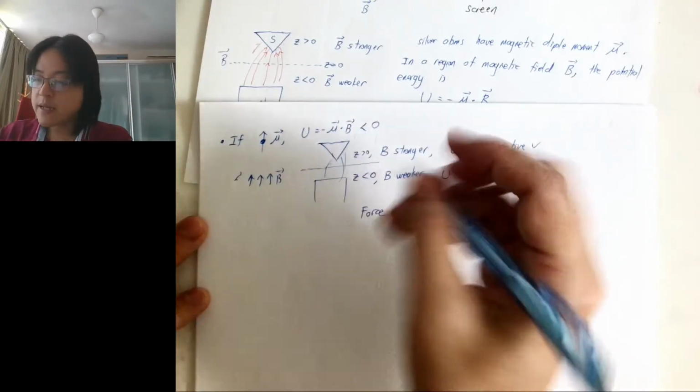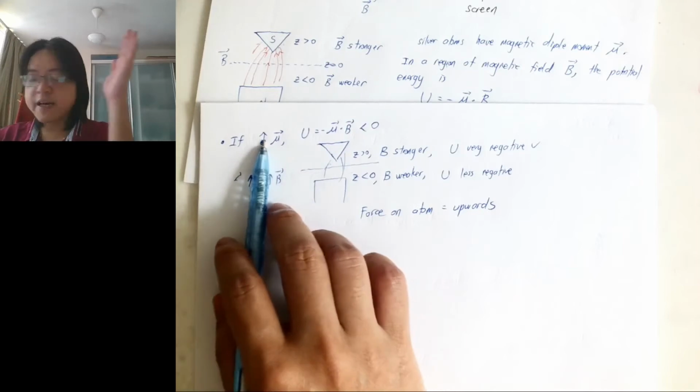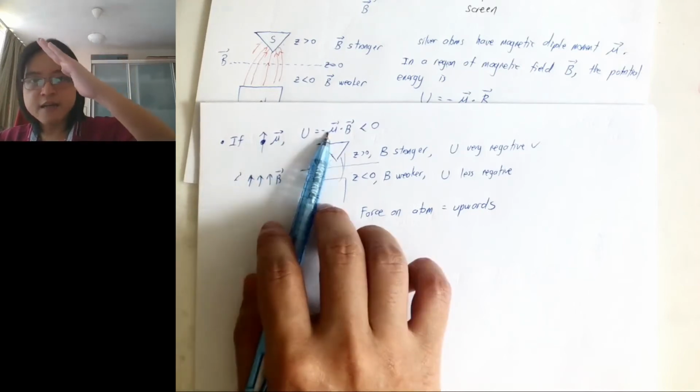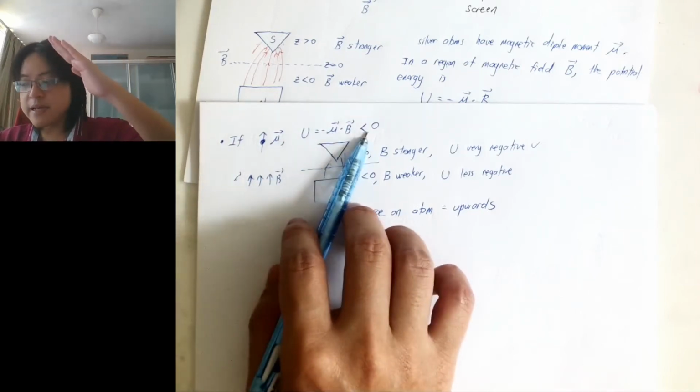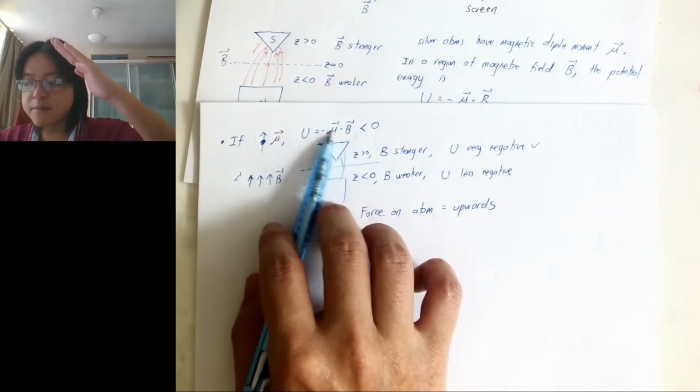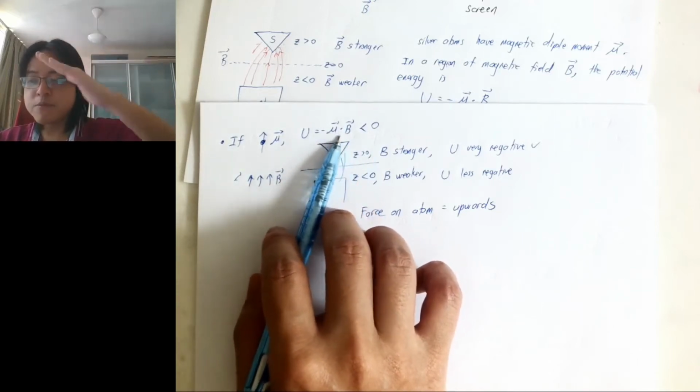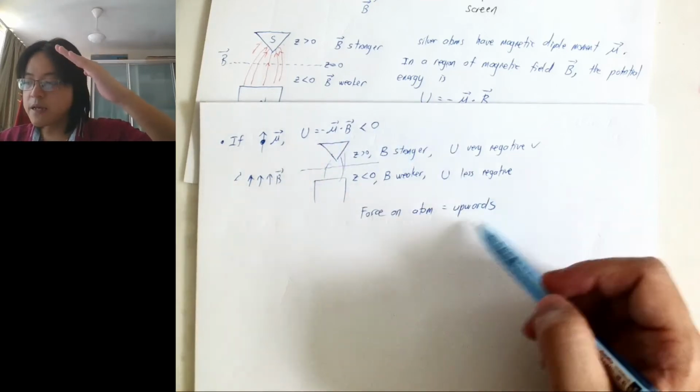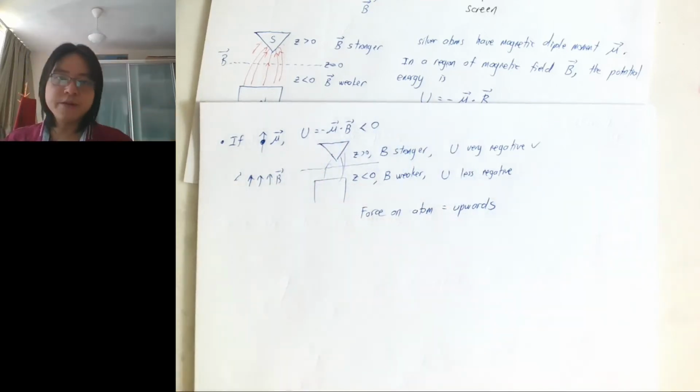Of course, if I change the angle a little bit, it's still a negative function, but mu dot B will be a smaller number, so it will get pushed upwards but with a smaller magnitude.